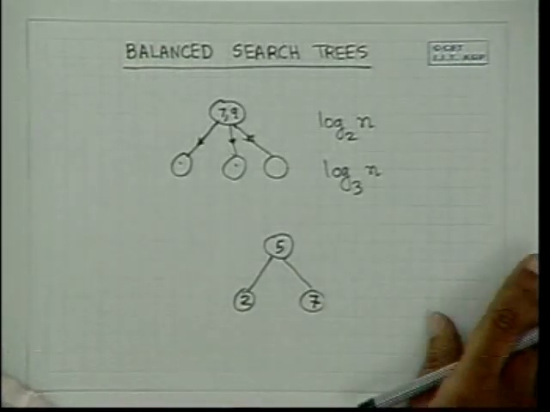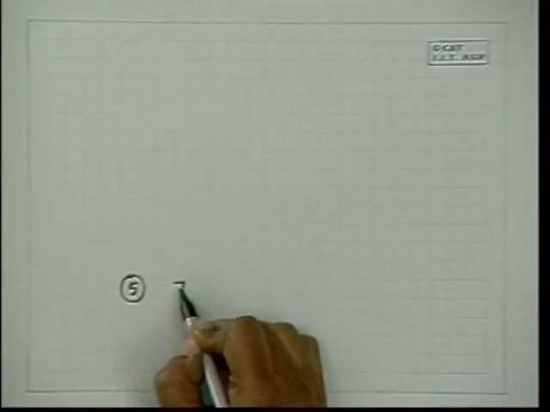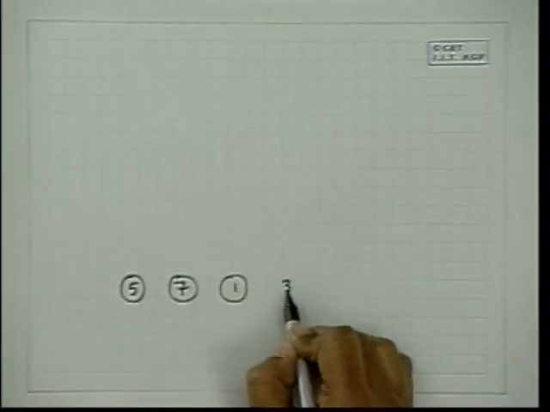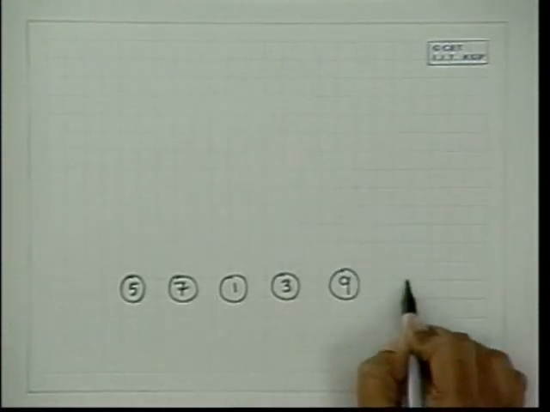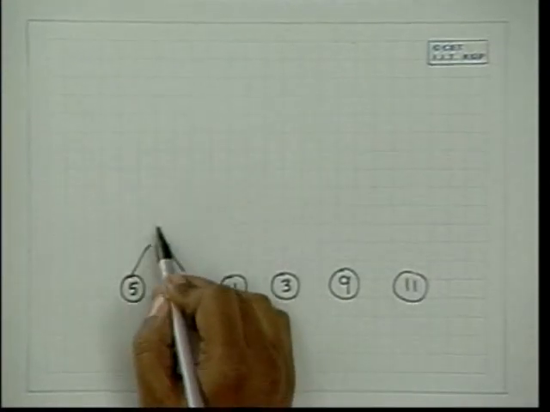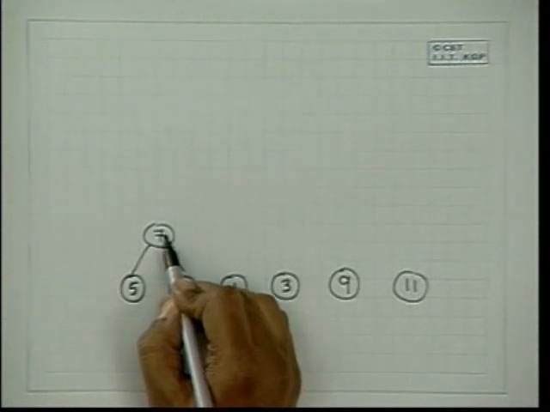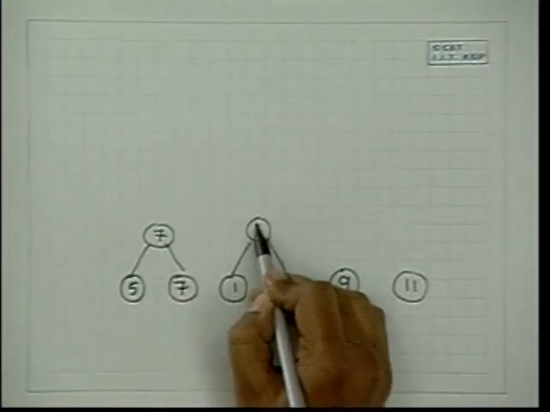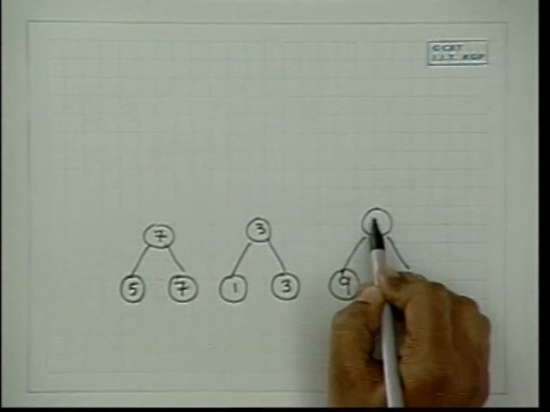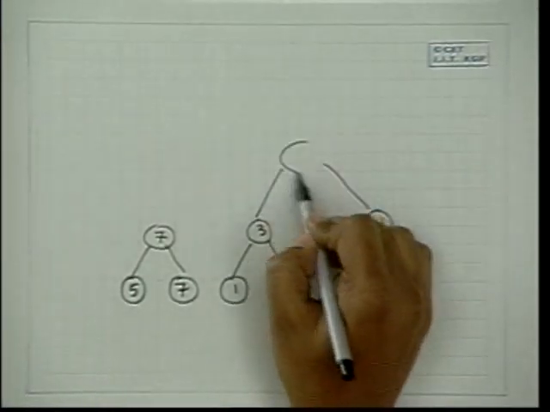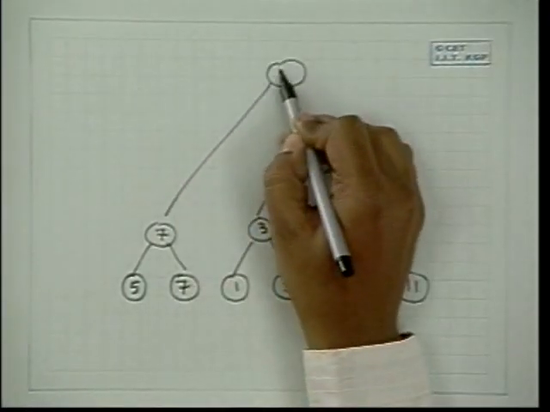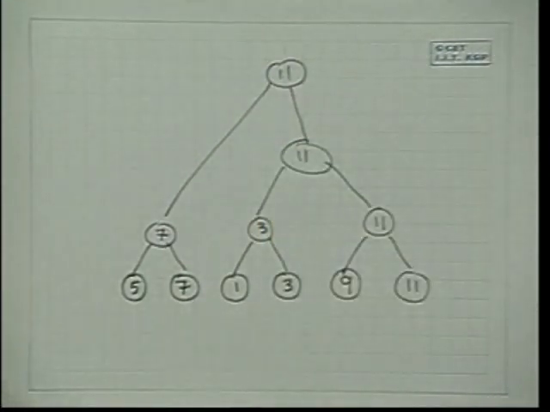But if you recall the tournament data structure, the actual nodes were stored at the leaf, and only comparison values were stored internally, say for example 5, 7, 1, 3, 9, 11. Then you compared these two and stored the largest here, compared these two and stored the largest here, compared these two and stored the largest here. It was like this which we stored for the tournament.